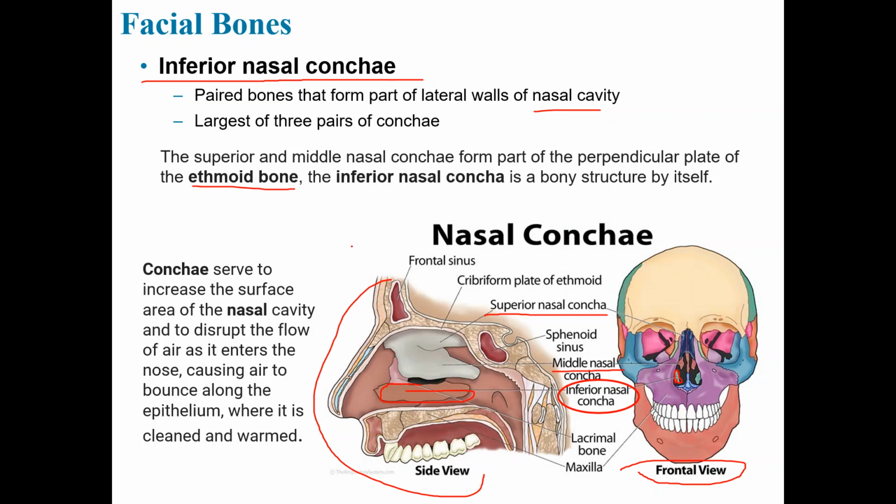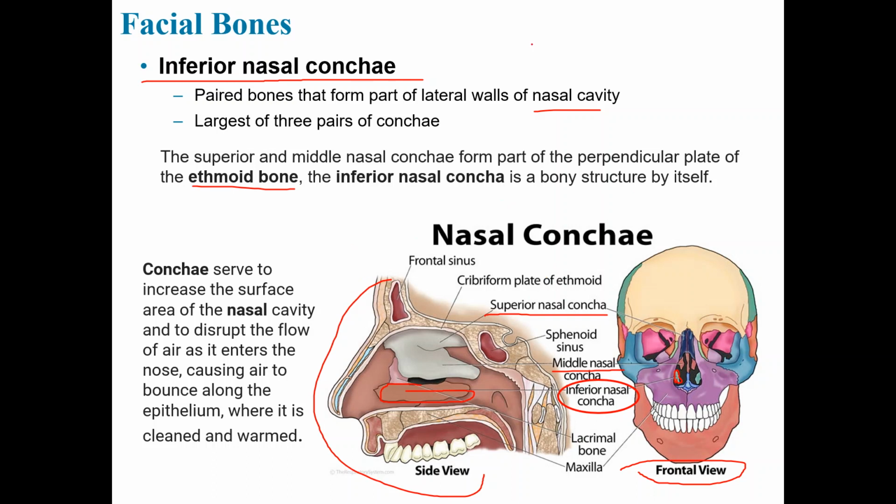So air is kind of disrupted as it enters the nasal cavity, thanks to all these conchi, and this is very important to clean up the air that is destined to the lungs, of course, and to warm it up as it comes into the body.